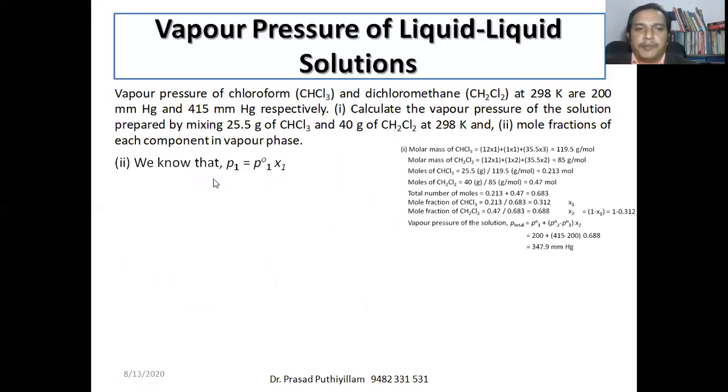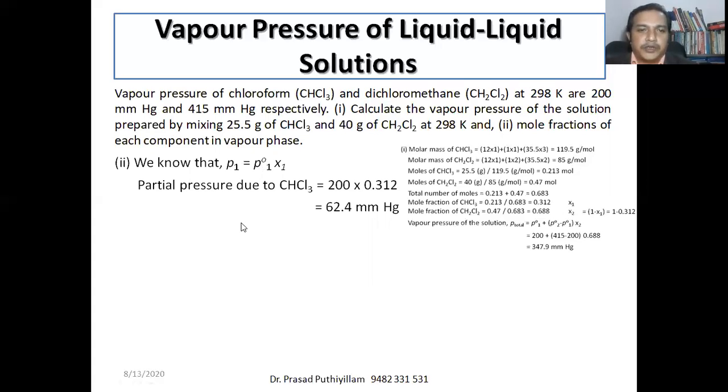We know that P1 is equal to P01 x1. The partial pressure due to CHCl3 is P01, 200, into 0.312, which is the mole fraction of CHCl3. Multiplying these two values, we get 62.4.